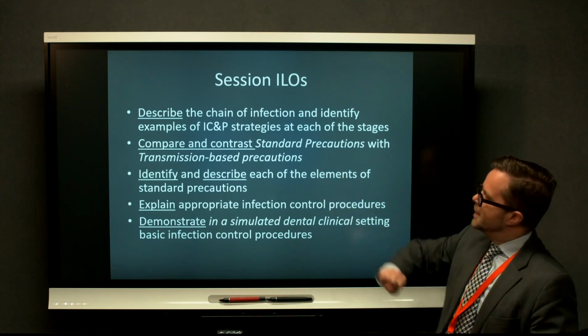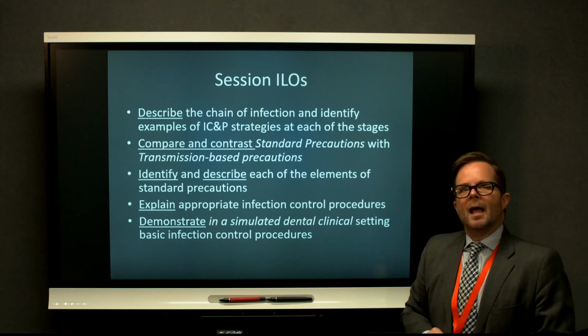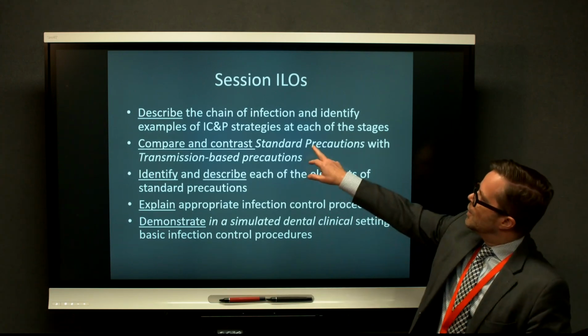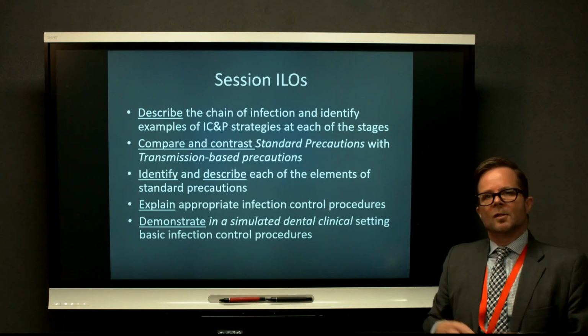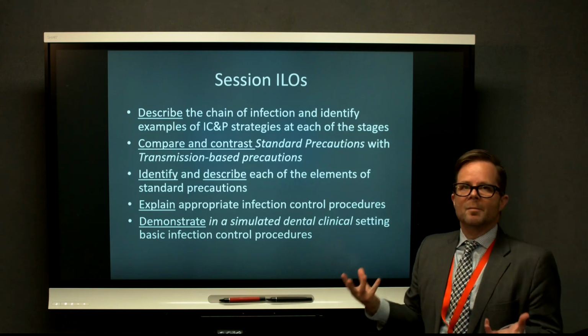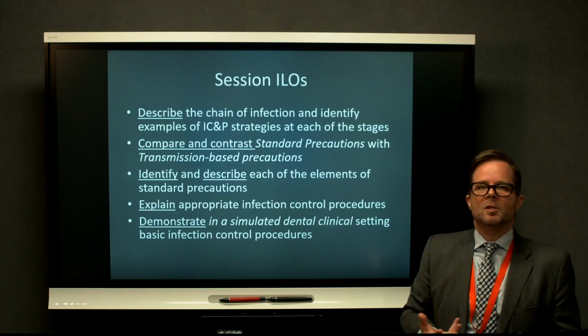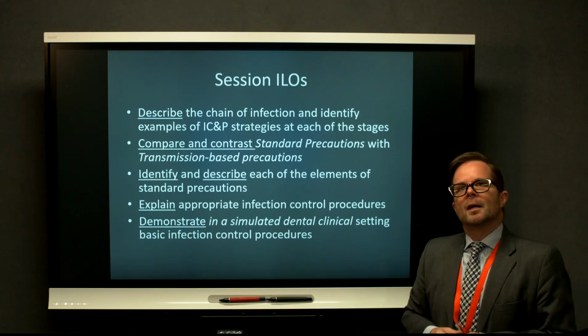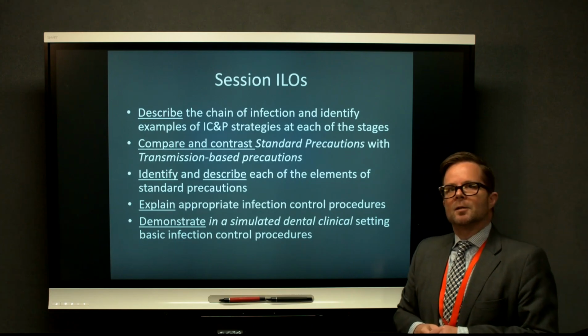You also need to identify and describe the elements of standard precautions. So once you've compared and contrasted, so said what is different and what is the same between standard precautions and transmission-based precautions, you're then asked to identify and describe the elements of the standard precaution.